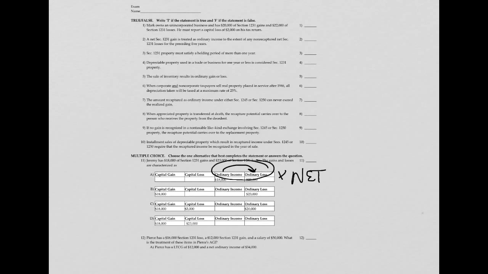The net effect is that the $16,000 loss, put together with the $12,000 gain, comes to a net loss of $4,000. That's a long-term ordinary loss, and that's the good news. So that $4,000 will reduce the $50,000 salary to $46,000.